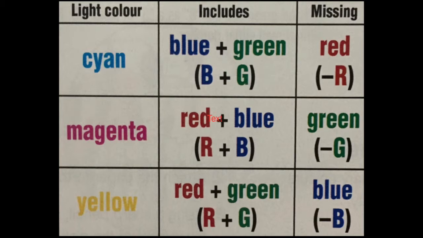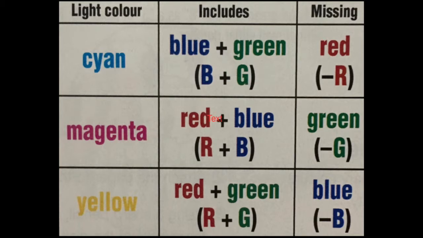If you shine cyan light and red light onto the same screen, you should see white light reflected. For this reason, cyan and red are called complementary colors. They are complementary because together they form white light.